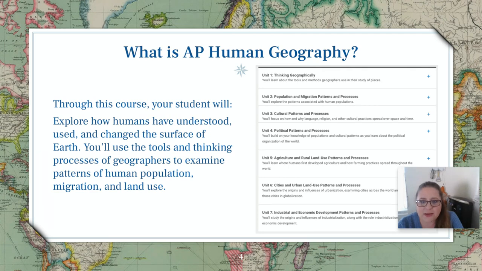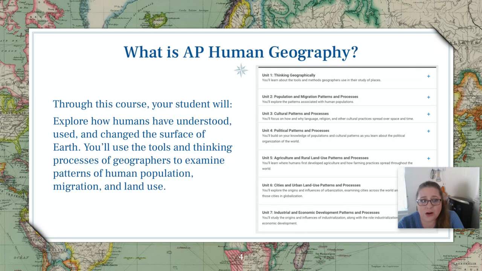These are the topics that we're going to cover, the different units that we have. Unit 1, thinking geographically. It's basically the nature of human geography. Human geography is the study of how people are interacting on the Earth's surface with each other and with the environment. It's the why of where things are. We look for patterns. We look for processes throughout the world.